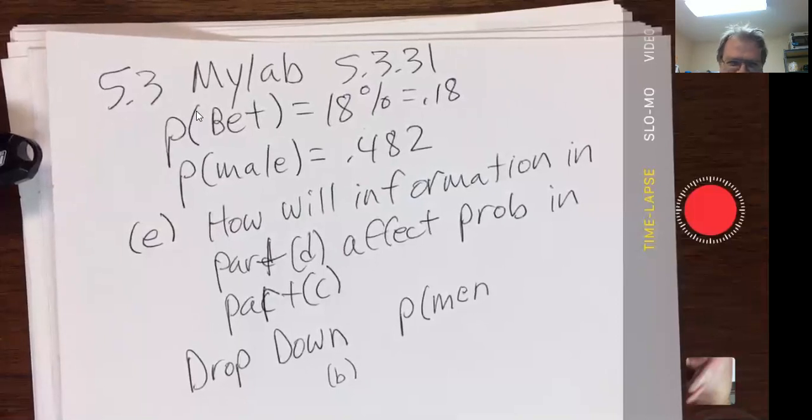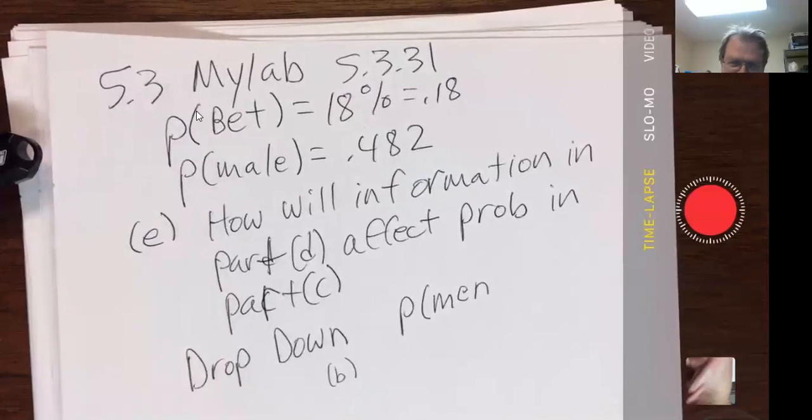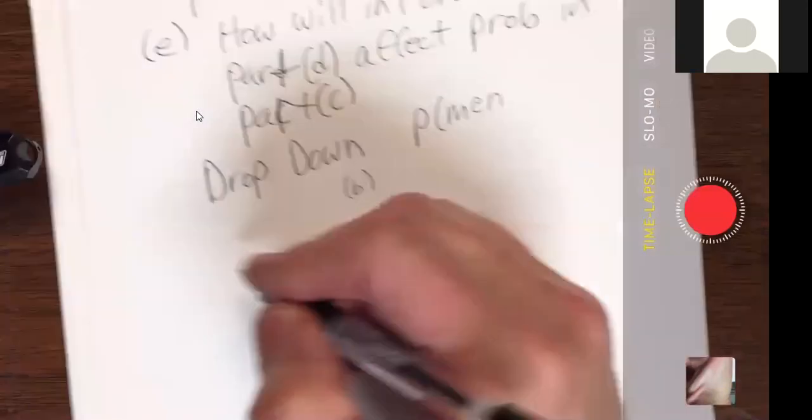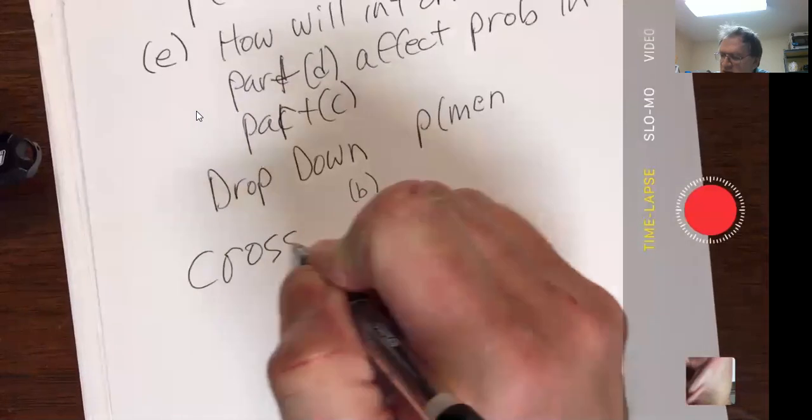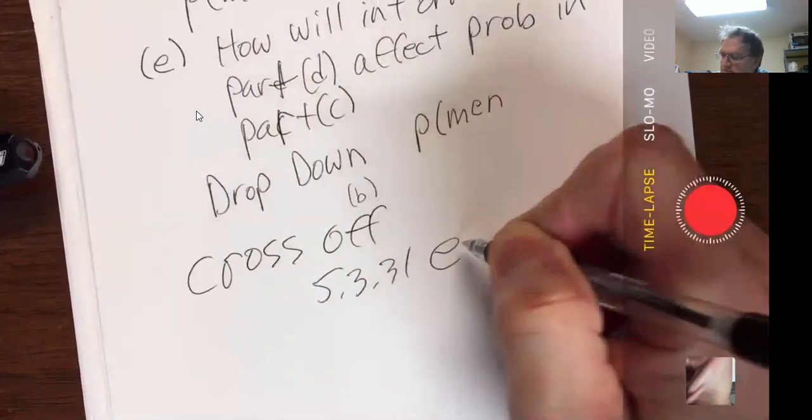I wouldn't even worry about it. That's the only thing stopping me from scoring 100 on that. Just tell me you got 100. It's no big deal. Anybody watching this, I'll just say cross off 5.3.31E.